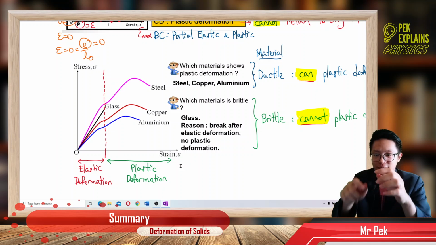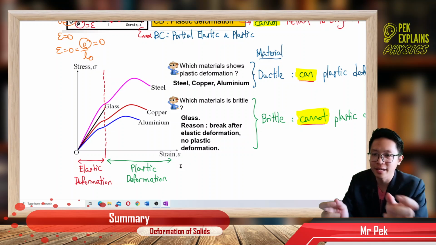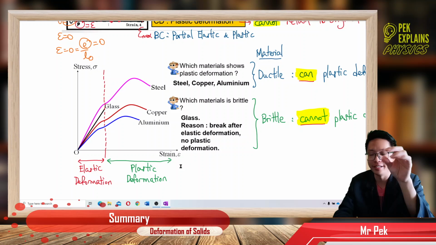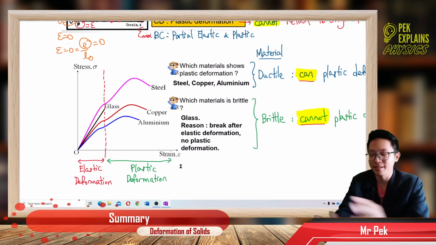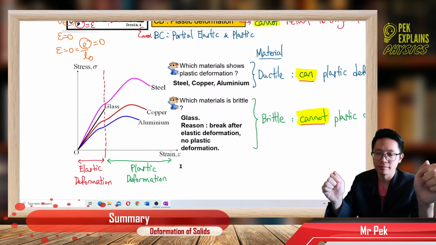It breaks just like chalk, you know, the chalk. You pull, it just breaks like that. You can never see the chalk elongate, unless you dip the chalk into water or something. But brittle material can never elongate.